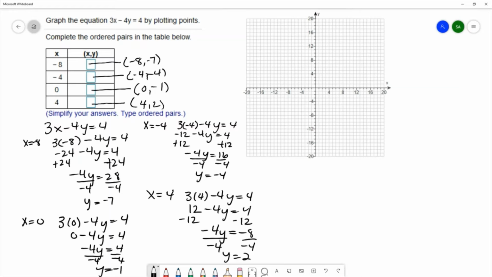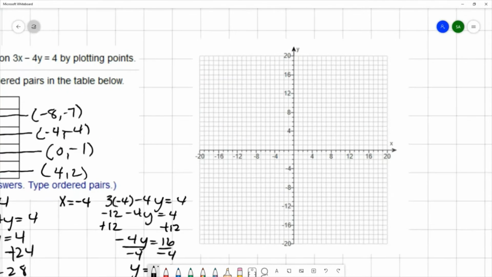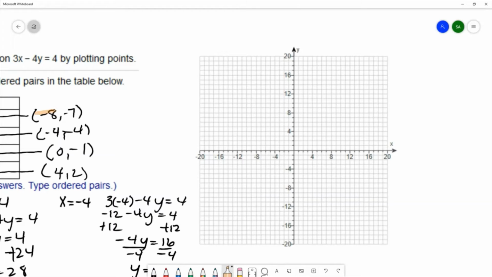Then I'll graph this equation by plotting the points. I have the points on the left here, -8, -7, -4, -4, 0, -1, and 4, 2.